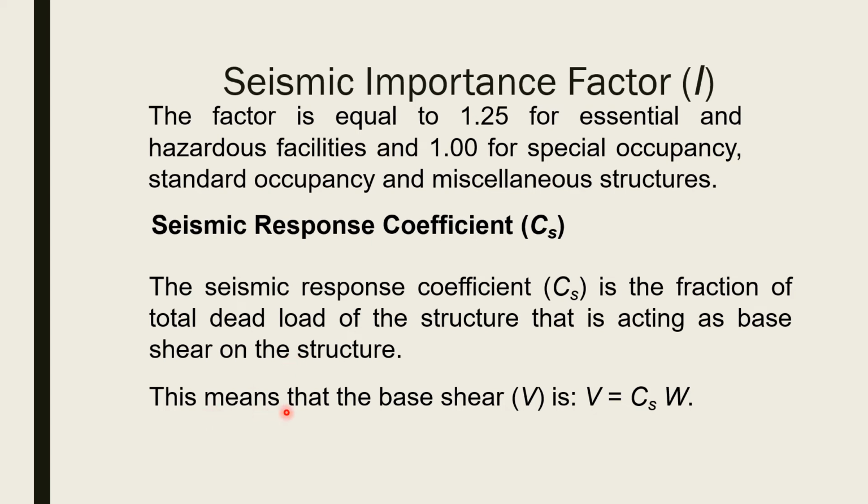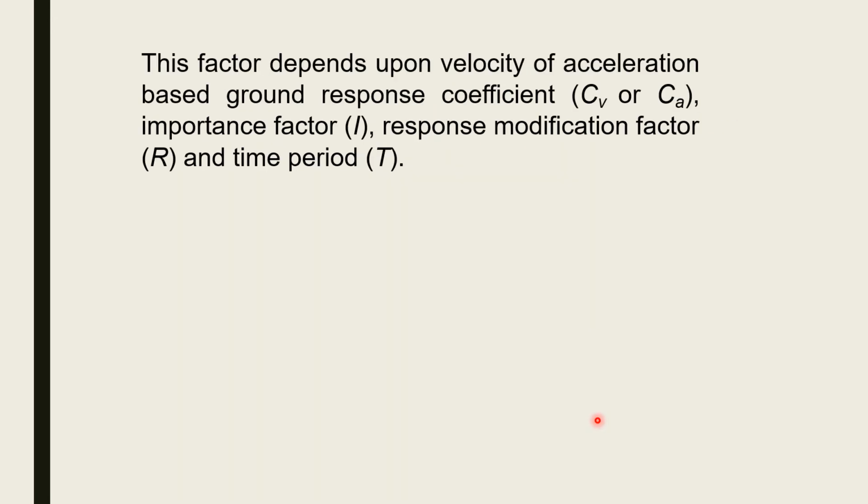This means the base shear will be Cs times W. We multiply the total weight of the building with the seismic response coefficient, and that becomes the base shear. This factor depends upon the velocity and acceleration based ground response coefficients, Cv or Ca, importance factor, response modification factor, and time period.